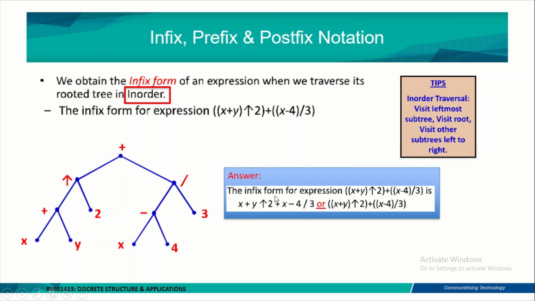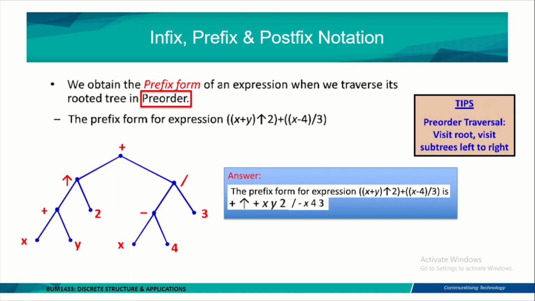Alright, it's the same for the prefix form. We obtain the prefix form of an expression when we traverse its tree in pre-order. So we know that in pre-order traversal, we visit the root, and then we visit the subtrees left to right.